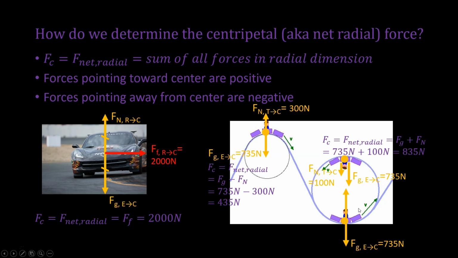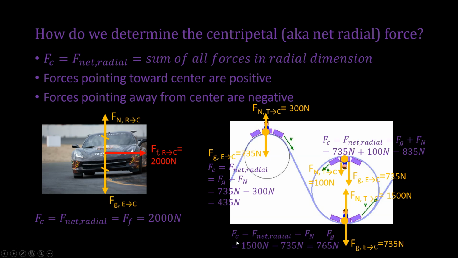Lastly, let's look at the bottom of the circle and calculate the centripetal force acting on this passenger. So we take a look at our forces, and we have the gravity force pulling down with 735 newtons, and we have the seat. This time the seat is exerting a normal force upwards of 1,500 newtons. And again, to calculate this centripetal force, we have to remember it is the net force in the radial dimension.